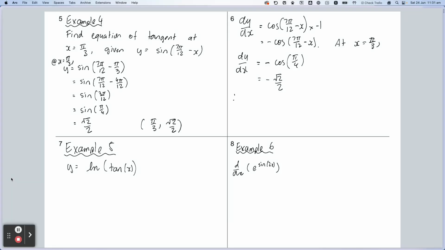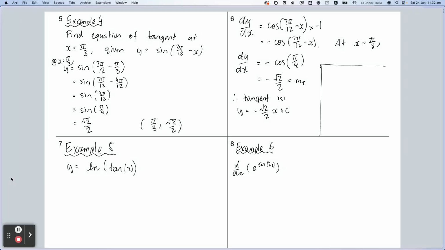So we can say, therefore, I'm going to have to squish it into this. I might actually have to split up a bit, I suspect. Therefore, just a bit of, if you want to, it's kind of helpful to go, which equals mt, which is the gradient of the tangent. So therefore, we have the tangent line is y is equal to negative root 2 on 2 x plus c.